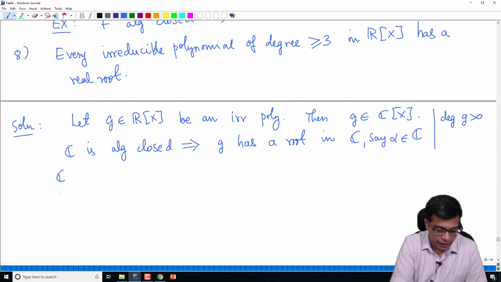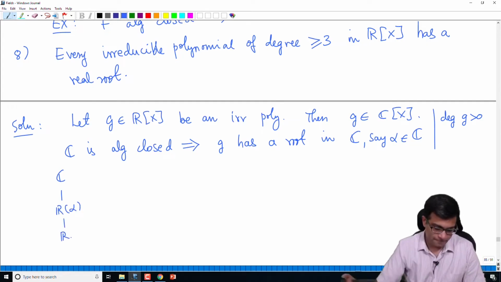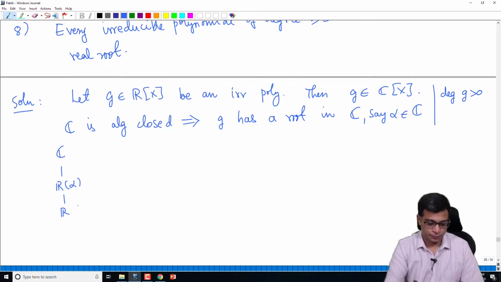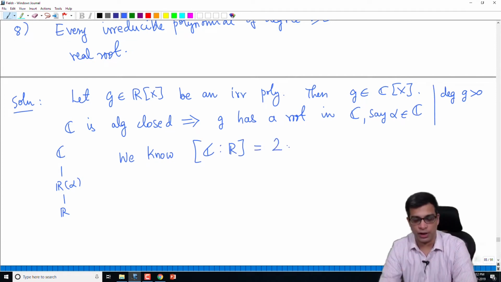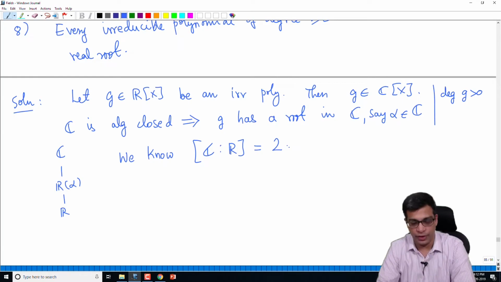Now look at the field extension R(alpha) and R, inside C. Note that we know the degree of the extension of C over R is 2. This is one of the examples I gave when I defined degree of field extensions: 1, i is a basis.